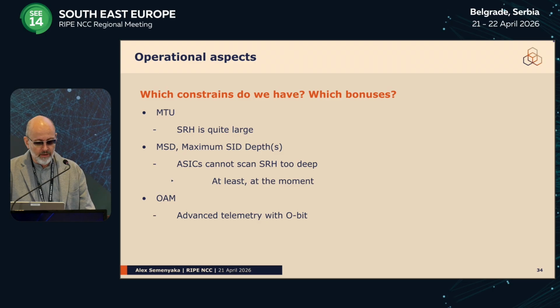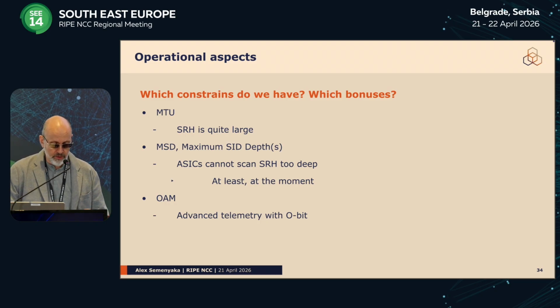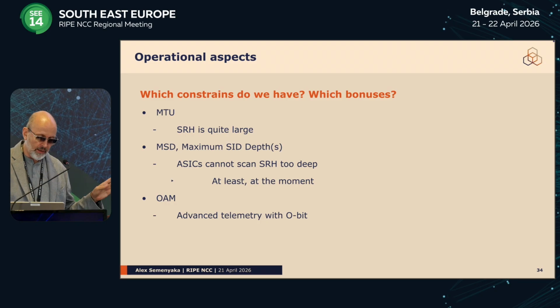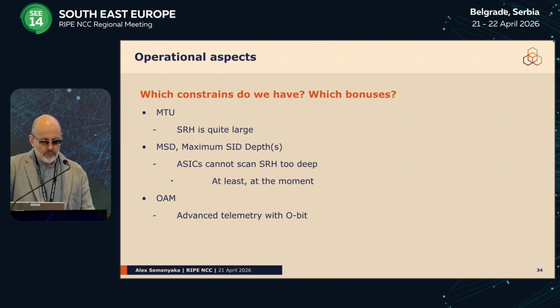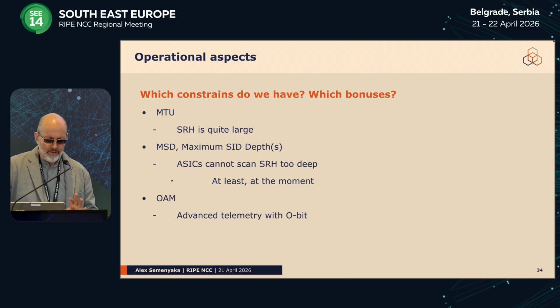So you have to find out first what the MSD for your equipment is, and plan your network accordingly. So it's not unlimited capabilities, it's limited to your ASICs. Of course, modern ASICs are doing better than old ones, but even the modern ASICs are not capable of dealing with, for example, 100 SIDs. I mean, they are capable, but the rate will be terrible, so you don't want to do that.